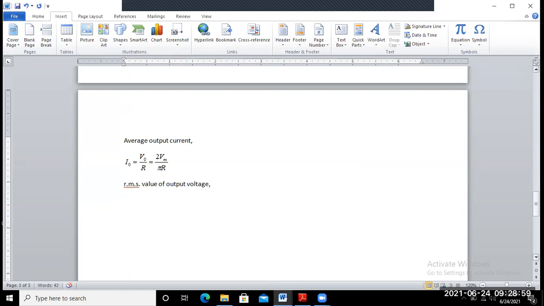That means V output RMS is equal to (1 by time period, integral from 0 to time period, of Em square sin square omega t) to the power 1 by 2. Just put in the formula and find the value of RMS output voltage.